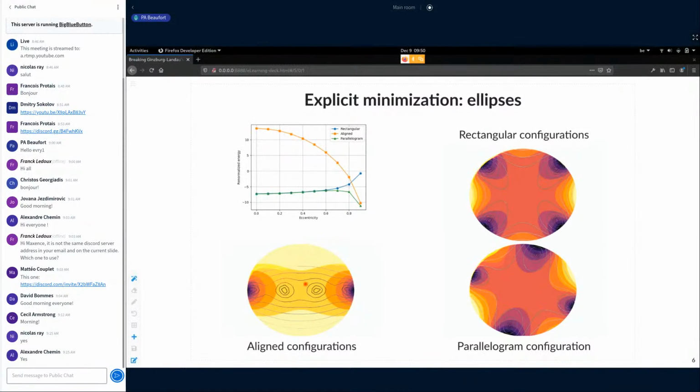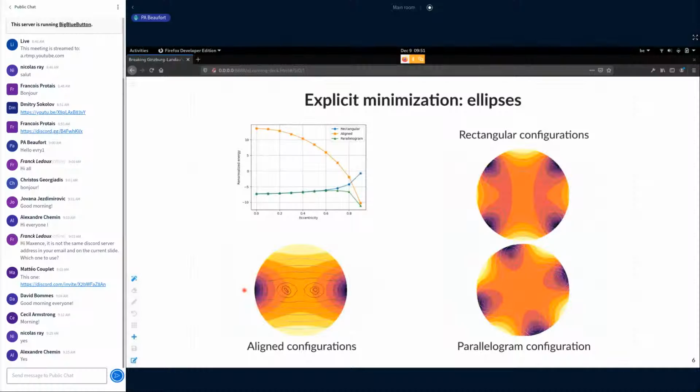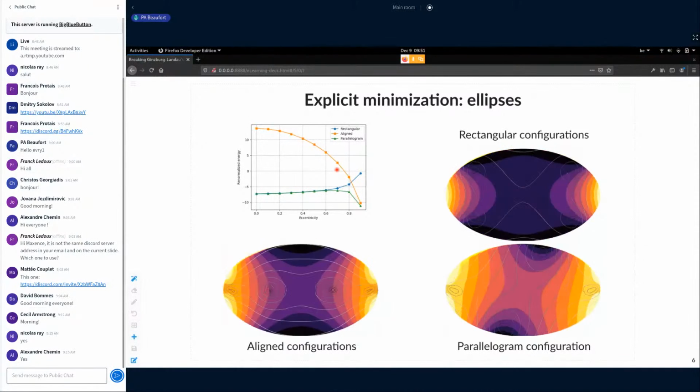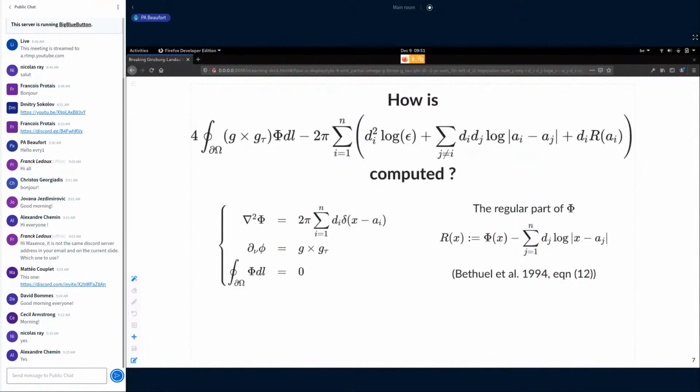And beyond that, in the case of the aligned configuration, we may see that where R is negative is going to switch at some point, and that's why we see that the energy is decreasing when the eccentricity of the ellipse increases.